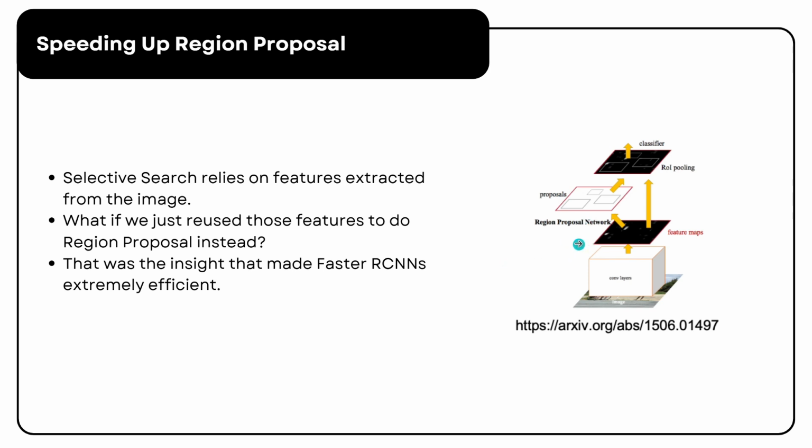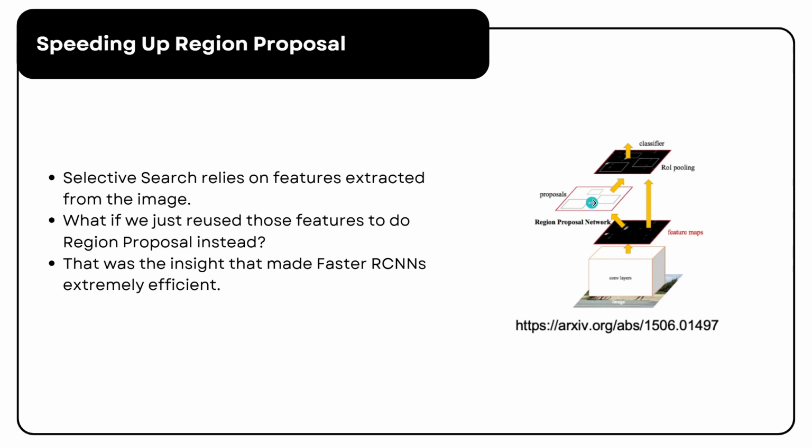If you look at the diagram, the CNN takes the input image and extracts feature maps. Instead of using selective search, those same feature maps are passed to the RPN, which predicts the object proposals.